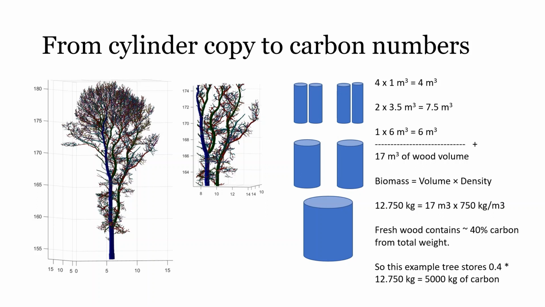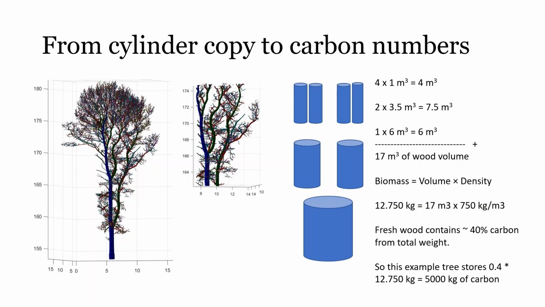cubic meters. And knowing the equation that my biomass is built up from volume times density, I can use those numbers, the 17 and a generic 750 kilograms per cubic meter, as an estimation of the biomass for our example tree here.